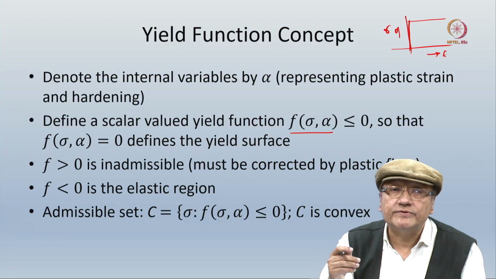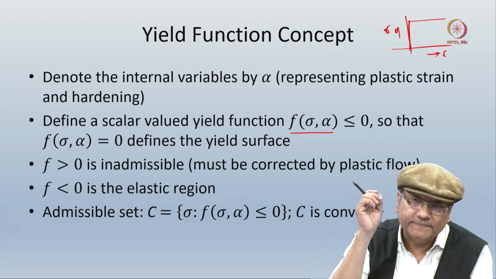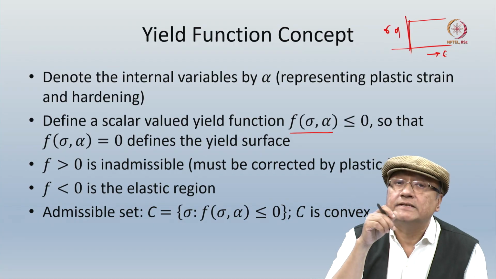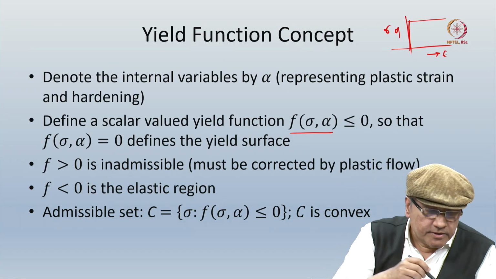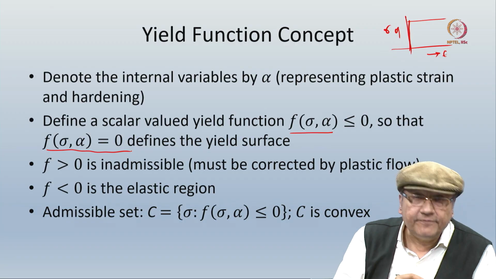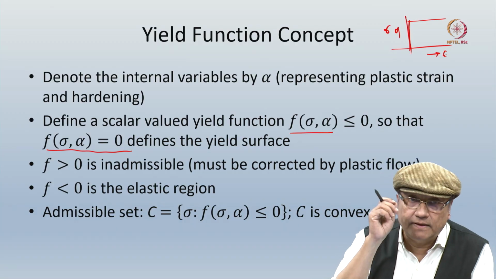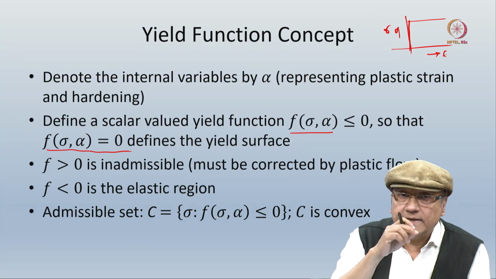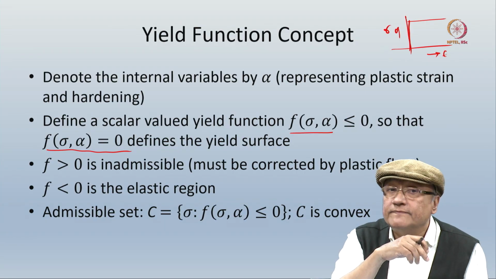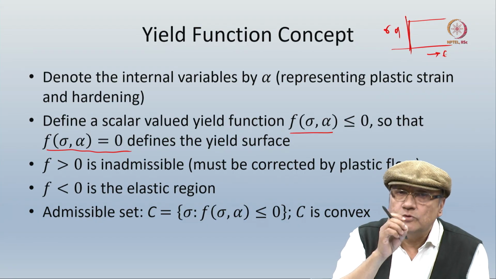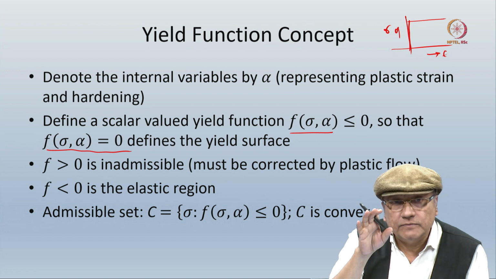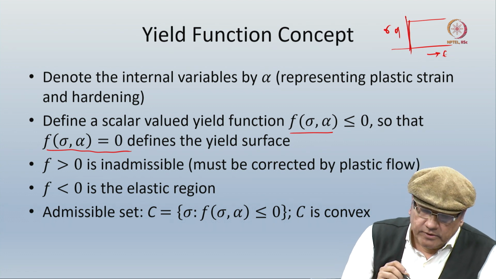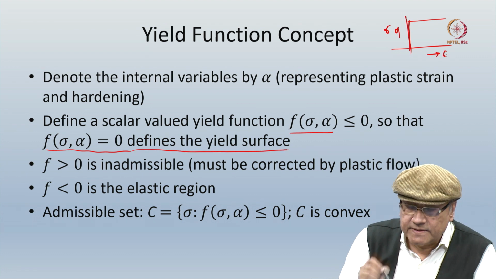f less than or equal to 0 defines a closed region, which is called the elastic region. As I have noted here, f of sigma comma alpha, this yield function, you typically look at as a function of sigma. You assume that alpha is fixed for the time being. This defines the yield surface.